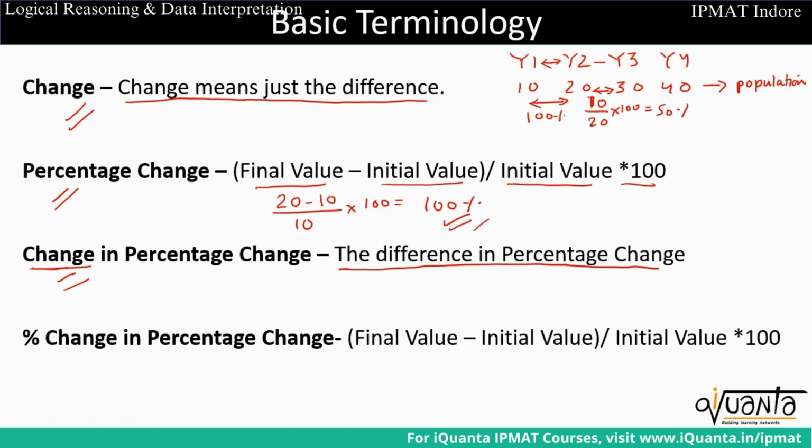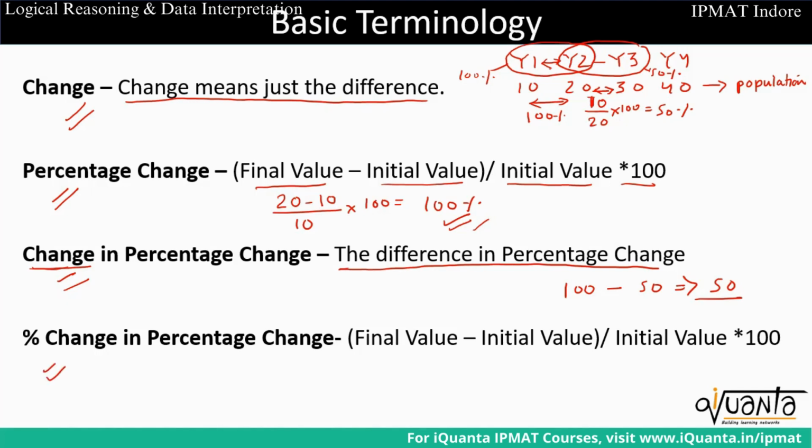So 50%. So the percentage change between these 2 years is 100% and between these 2 years it is 50%. So what is the difference in percentage change? The difference between 100 and 50 is simply 50. So the change in percentage change is 50.